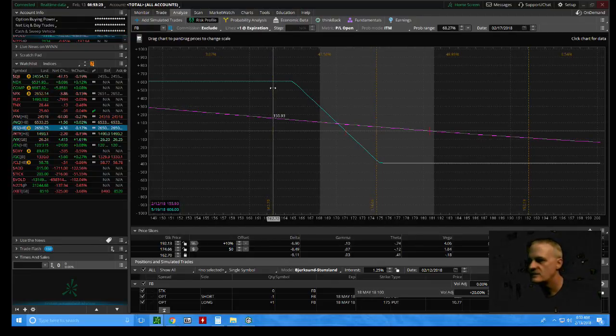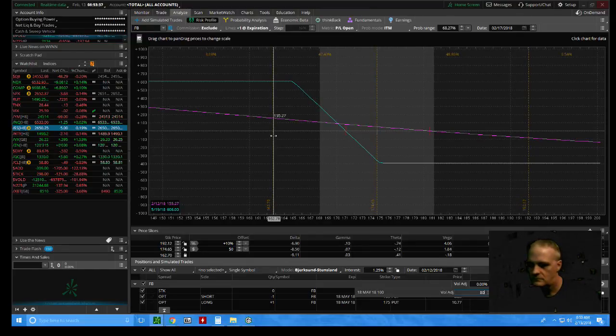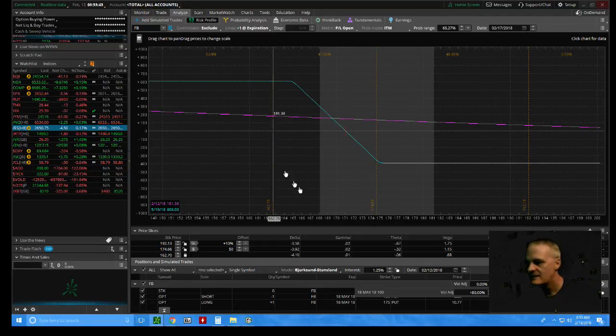But it's not making an adjustment. It's very slow. Yes, volatility helps. Now it's not moving a whole lot because there's still a lot of time value left in this option.